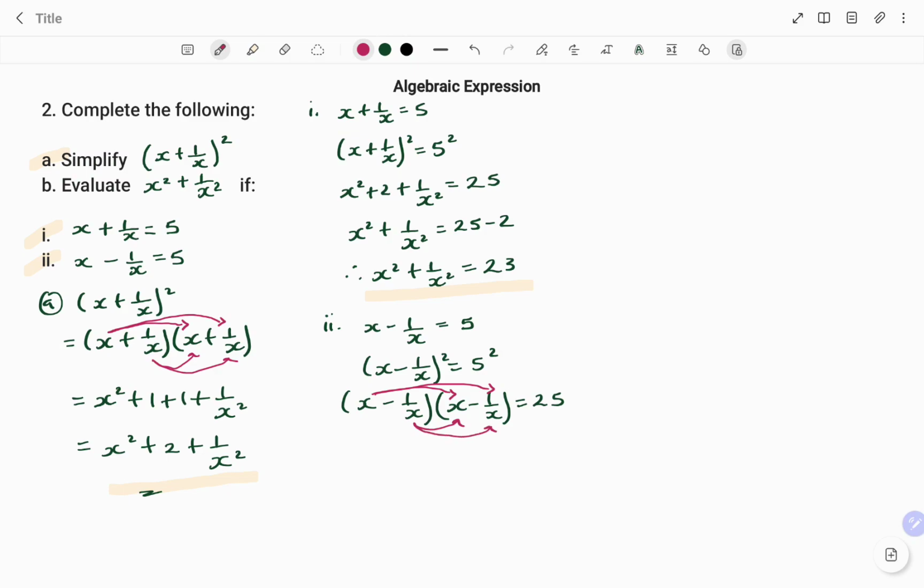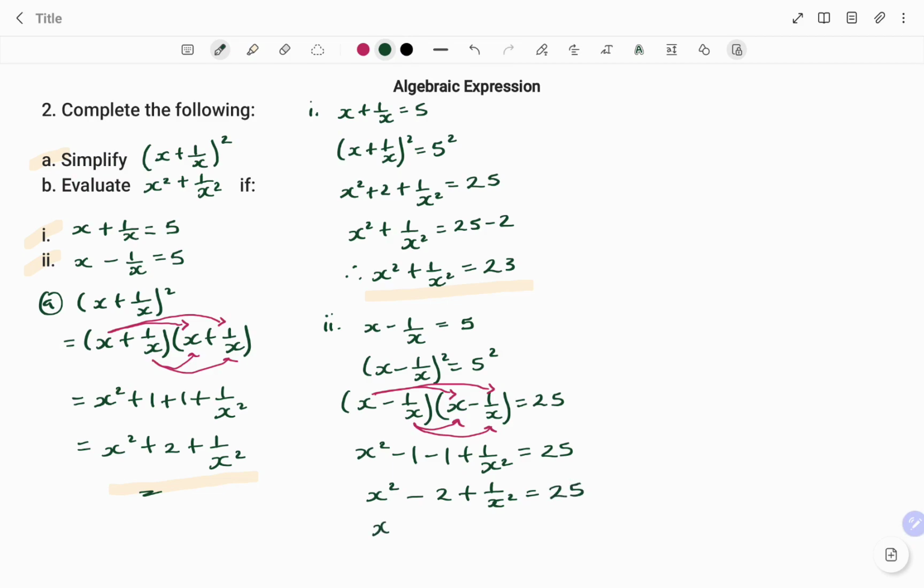Taking note of our signs, we have x times x, x squared, x times minus 1 over x, that will be minus 1, minus 1 over x times x, minus 1, and the last terms, minus 1 over x times minus 1 over x, plus 1 over x squared equals 25. Simplifying, x squared minus 2 plus 1 over x squared equals 25.